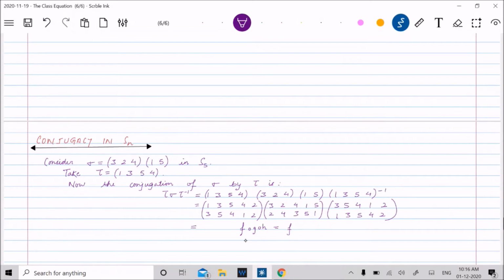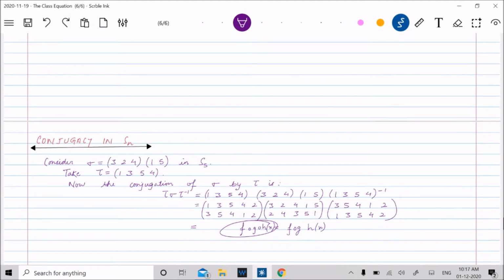Yes, sir. If you have this f∘g∘h, then what will be the first function which is going to act on some number? Suppose I write here x. What is the first function which is going to act on x? h or f? H. Of course, h. So since these permutations are nothing but one-one onto functions, they should be treated like functions.